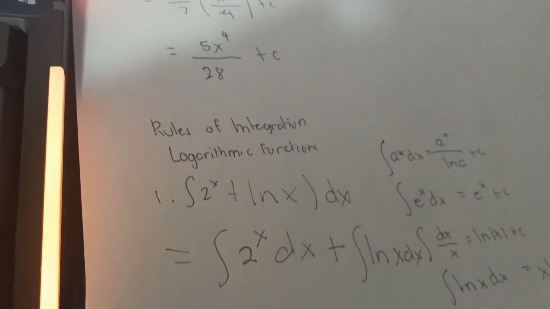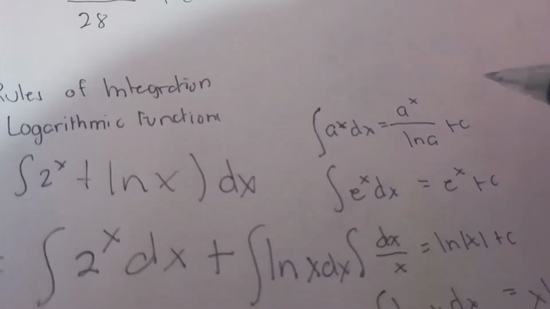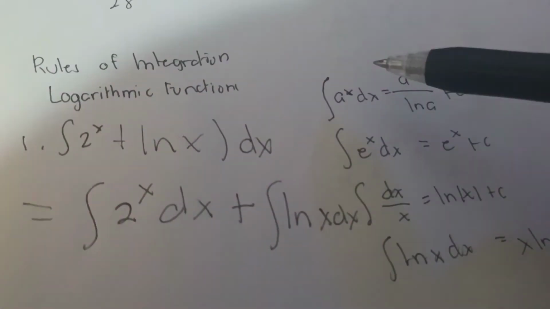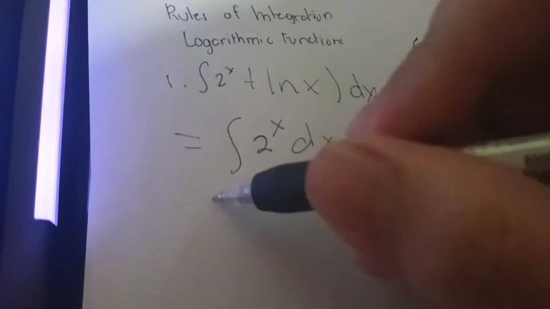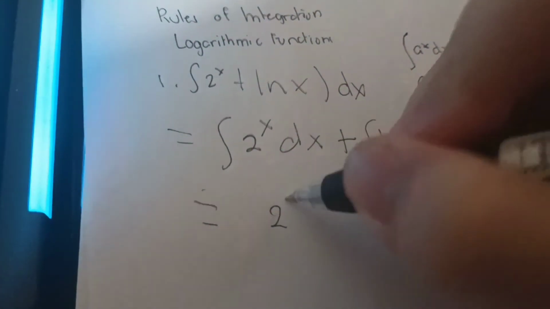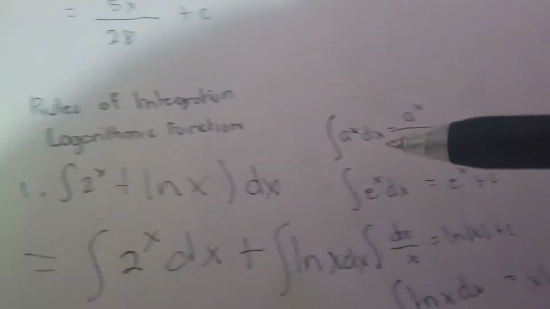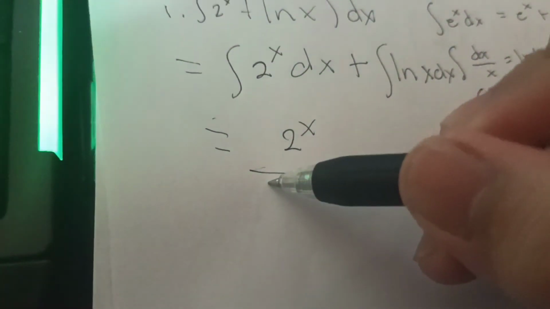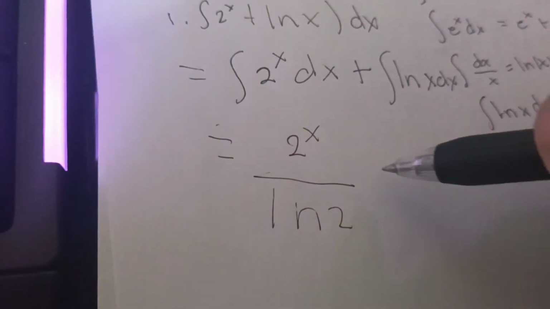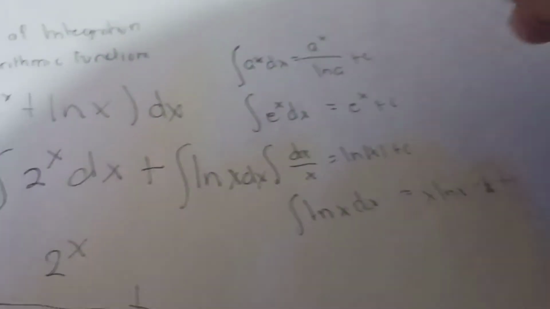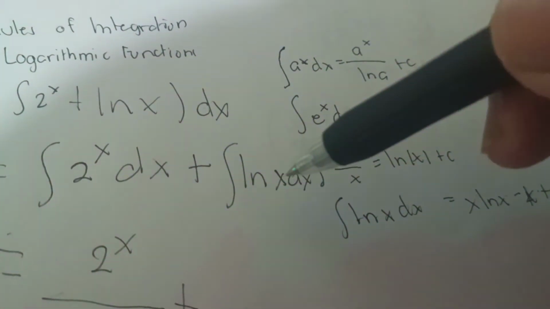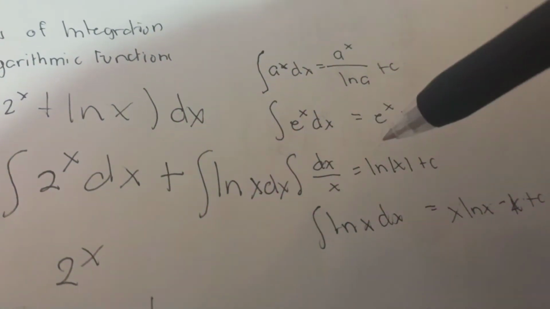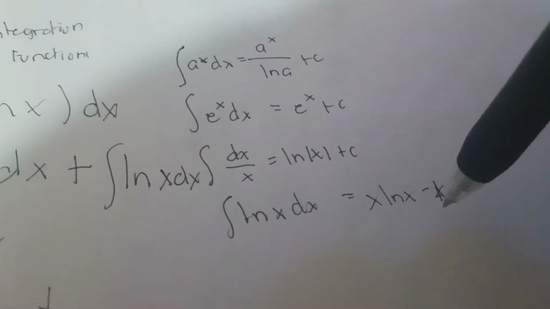In a way we can solve this. We base 2^x here on a^x, so if we solve this, it will become 2^x over, they're similar, right? So this will be the outcome, 2^x over ln of 2 plus, since ln of x we have here is similar also with the integral of ln of x dx, which is this.